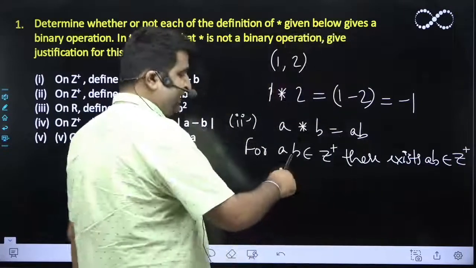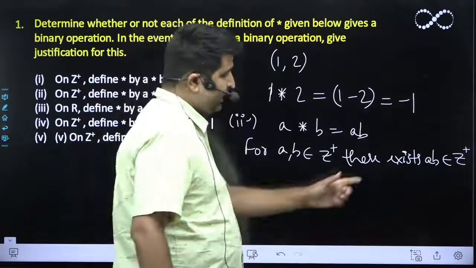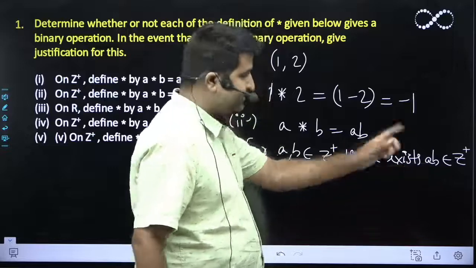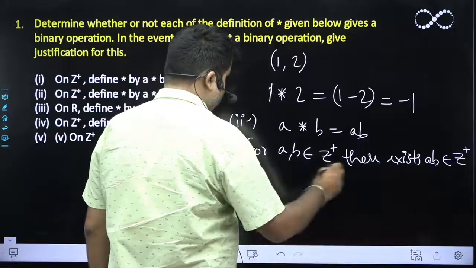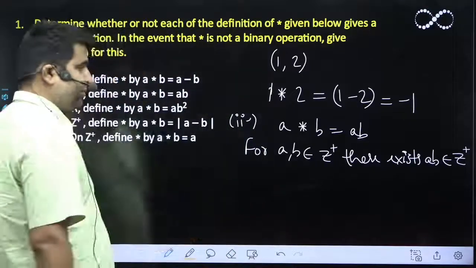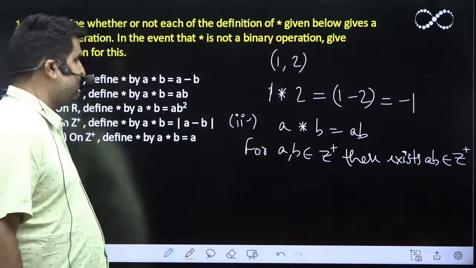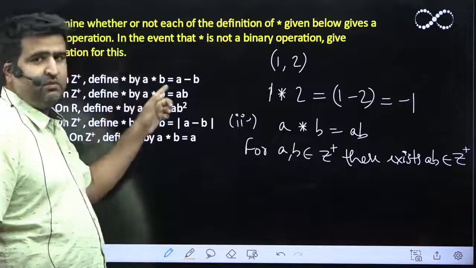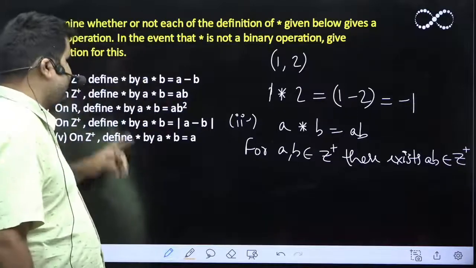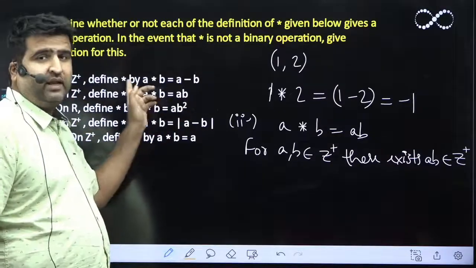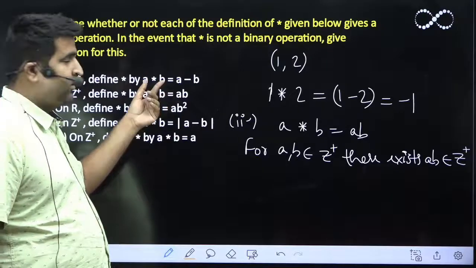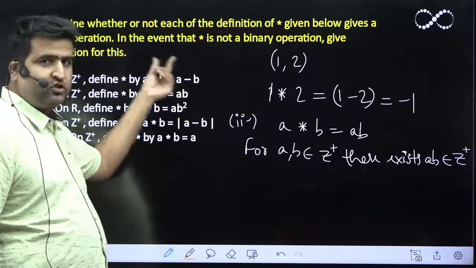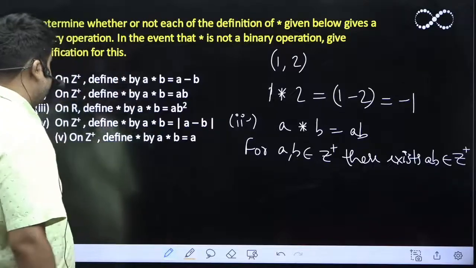Since if A and B are in Z plus, AB, the product of these two numbers, will also be in Z plus, right? So therefore, this is a binary operation. So what we have to prove is that if individual numbers belong in Z plus, then this value of the operation, this star, should also belong in that same Z plus.